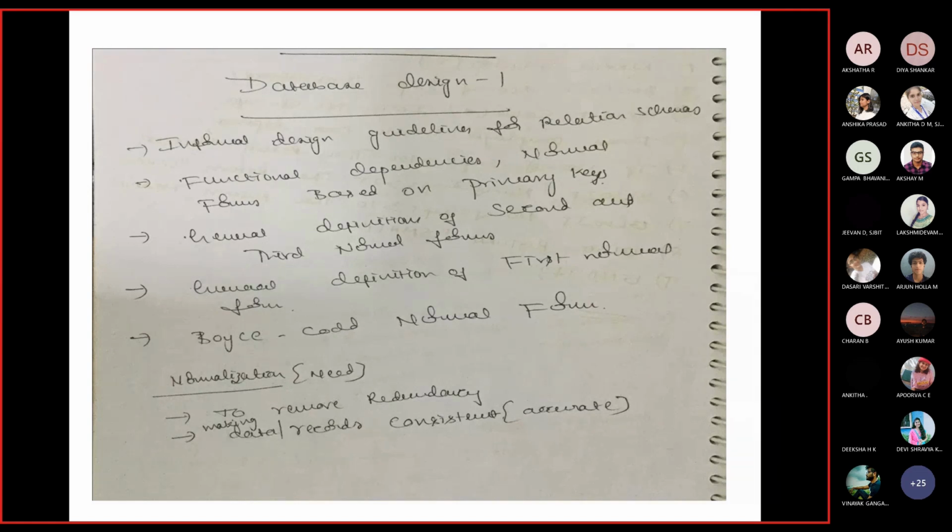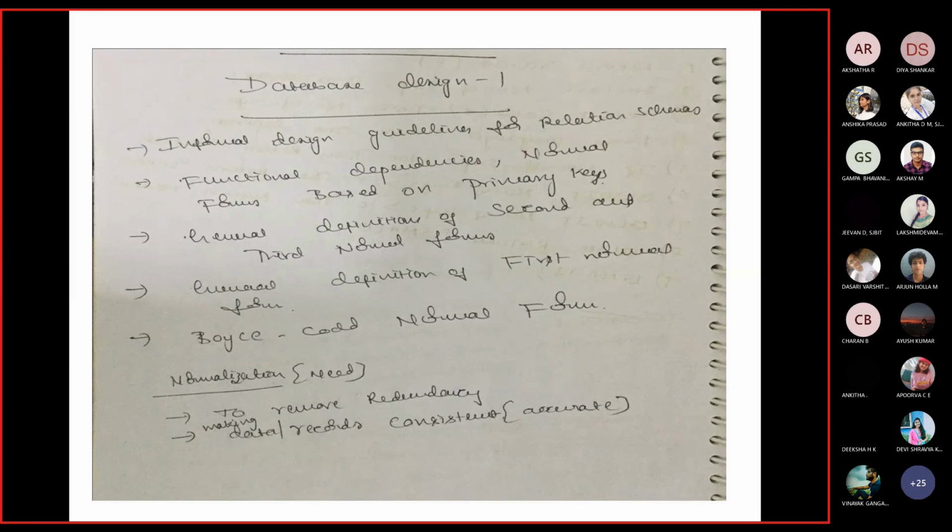So when do we say that the table is in normal form? If it satisfies all these normal forms. That means when you go for a higher normal form, it should satisfy the lower normal form. If we say that the table is in 2NF, that means it should be in 1NF.